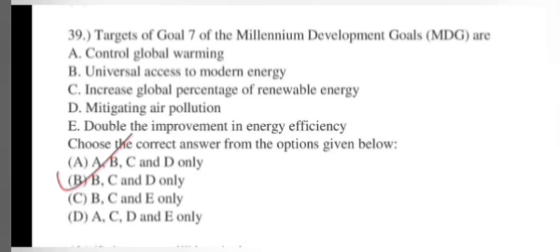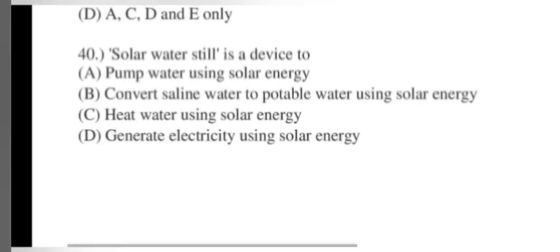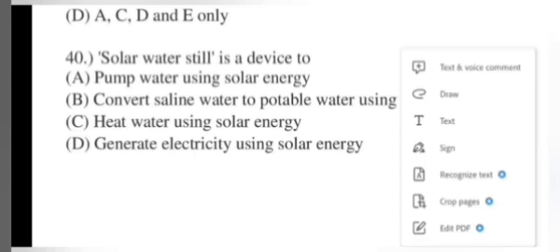Okay. Number 40 says solar water still is a device to what? Pump water using solar energy, convert saline water to potable water using solar energy, heat water using solar energy, generate electricity using solar energy. Number 40 correct option for this question, it will be pump water using solar energy.